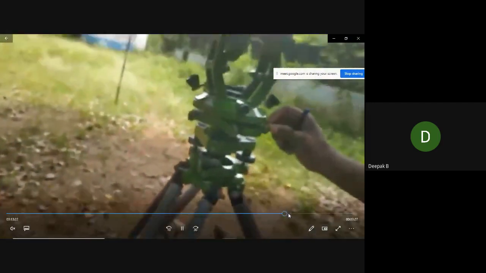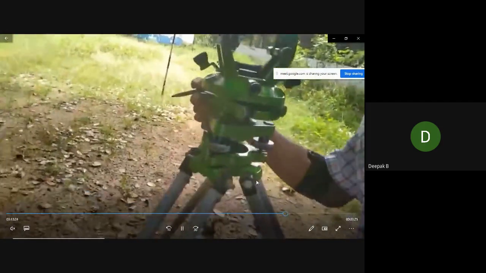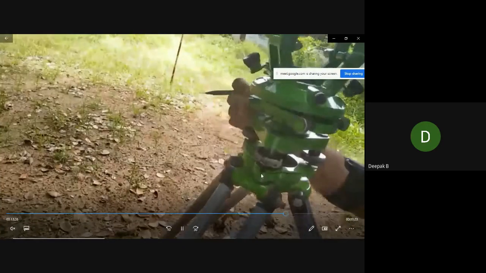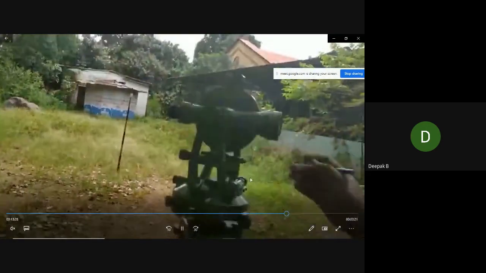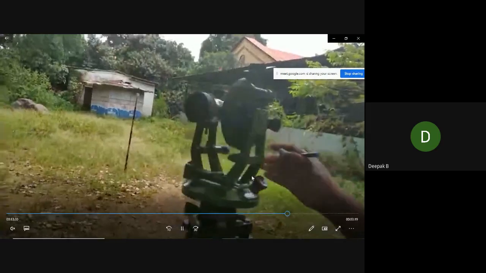Now he will again rotate it. Okay. He's going to tighten the upper screw so that the upper part is not moving and loosen the lower screw.